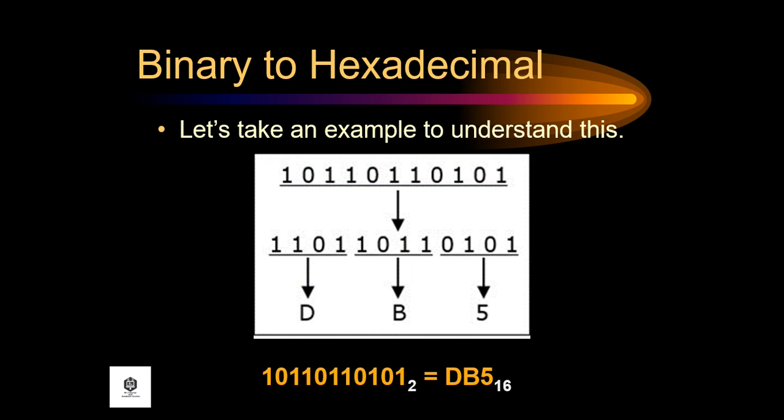So the corresponding value for 0101 is 5, then 1011 is B, and 1101 is D. So therefore, the binary number 10110110101101 is equivalent to DB5 of hexadecimal number.